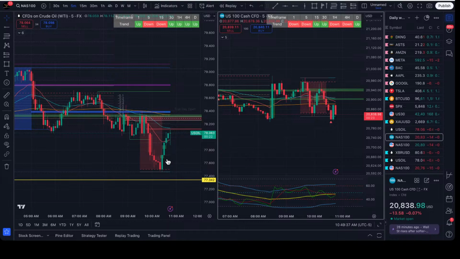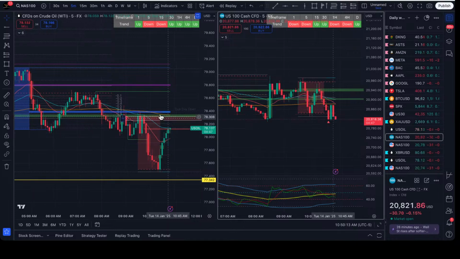Let's see if it comes all the way back up to this fair value gap. That's not what we want to see. We don't want to see it come all the way back up here. Otherwise, it might give us a bullish confirmation. Just waiting and watching.